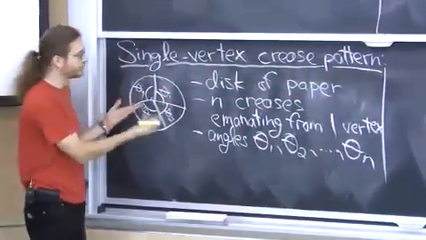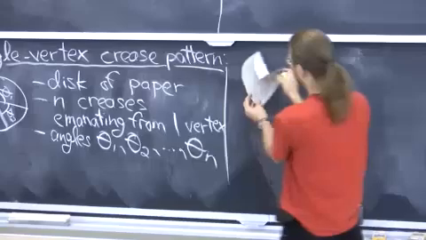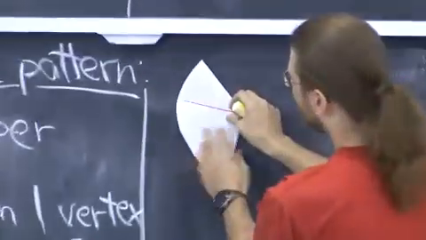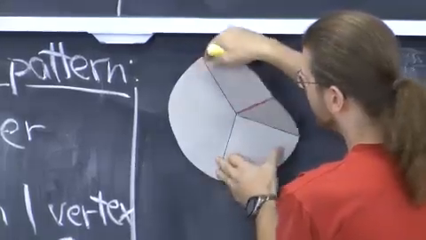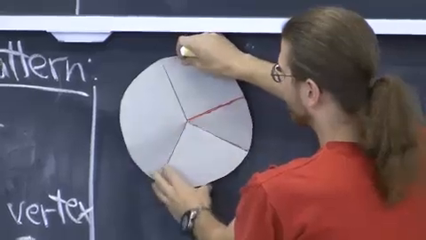All right, when we fold this thing flat, like in this picture, we take this disk, we fold it along all of those creases. What I'd like to focus on is what happens to the boundary of the paper. So there's this outer circle, the boundary is a circle.